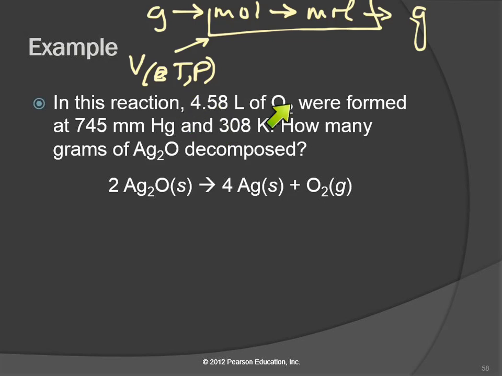This is volume of oxygen, 4.58 liters, and then it gives me the pressure, 745 millimeters of mercury, and the temperature, 308 Kelvin. And then it's asking for how many grams of this.